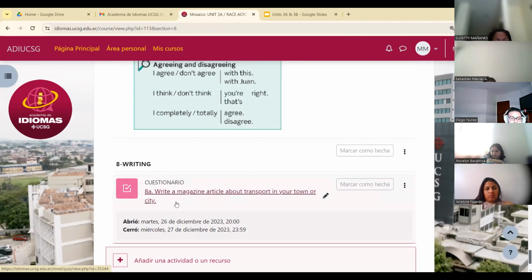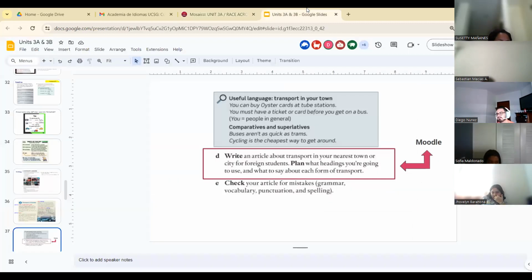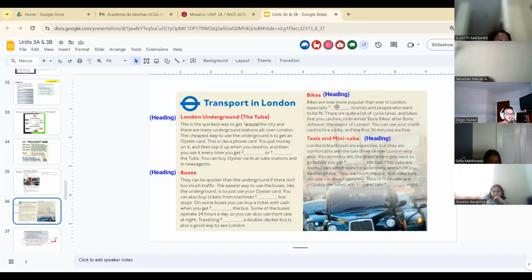Unit No. 3. The example of what we have to do. Here. Yes. This one. This is the example, the sample. Something like this, with headings, and then you can start writing about those forms of transport that we have in our city.